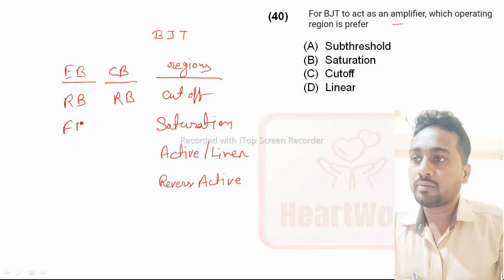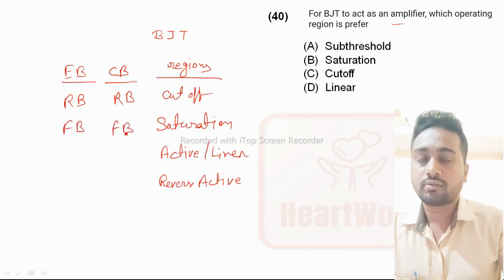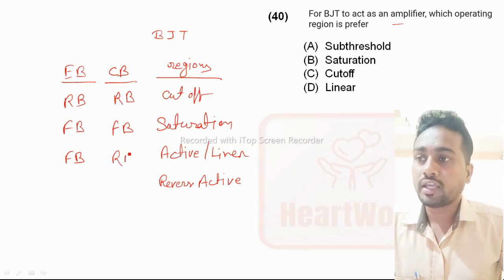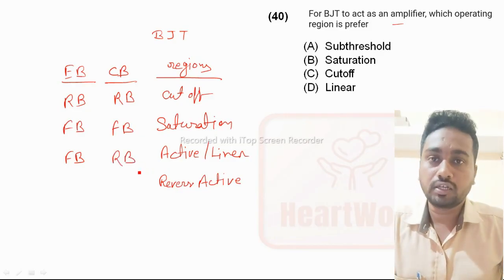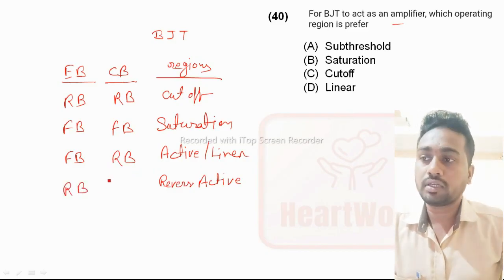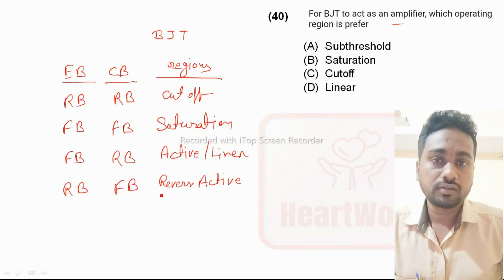When both are in forward bias, it is called saturation region. When emitter base is in forward bias and collector base is in reverse bias, it is called active or linear region. When emitter base is in reverse bias and collector base is in forward bias, it is called reverse active region.